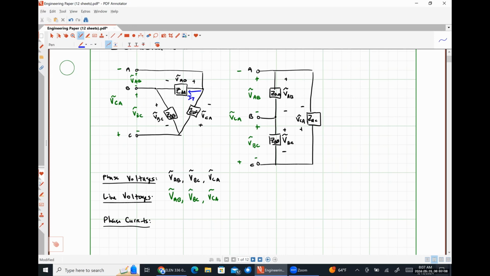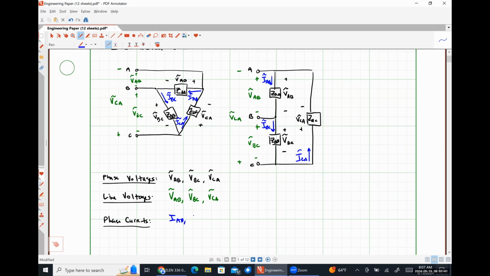So here is IAB, IBC, and ICA, or alternatively, IAB, IBC, and ICA.